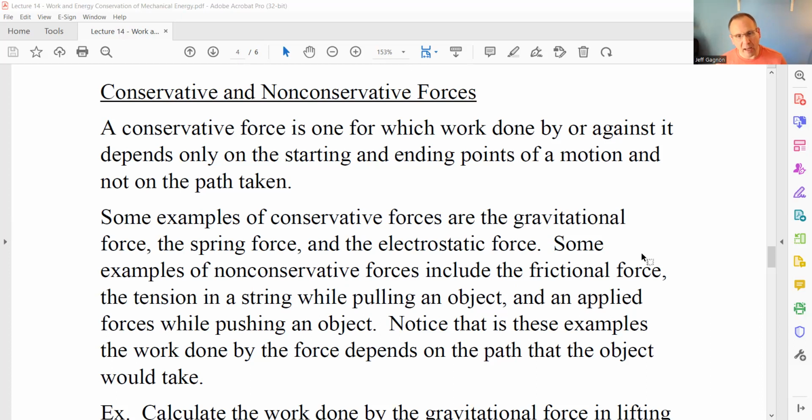It depends on the path that you're pulling. That's going to give you a value for the work. So it'll depend on the path that's taken. Or any applied force while you're pushing an object will also depend on the path that's taken. So most forces are non-conservative, but the one example that we're going to have, at least in this class, of a conservative force is the gravitational force.